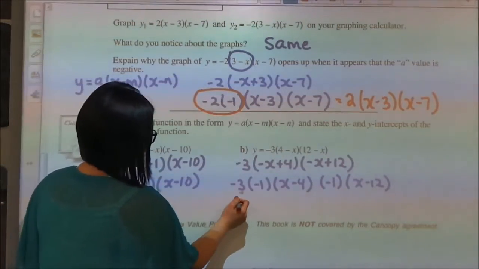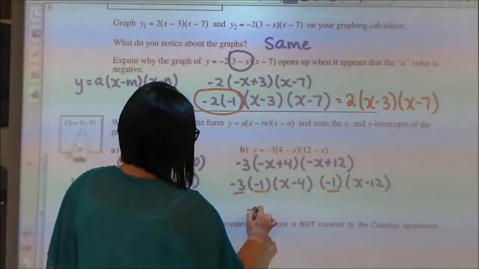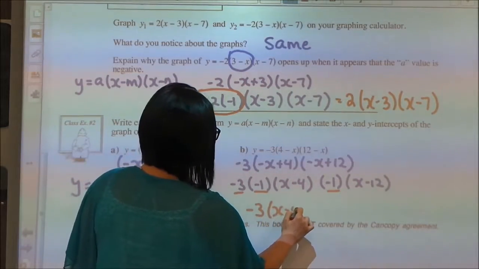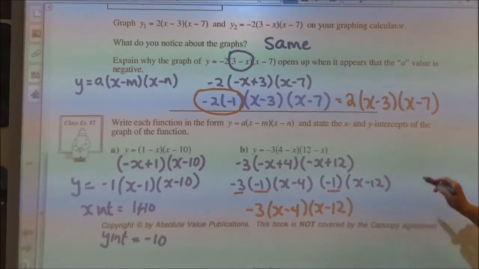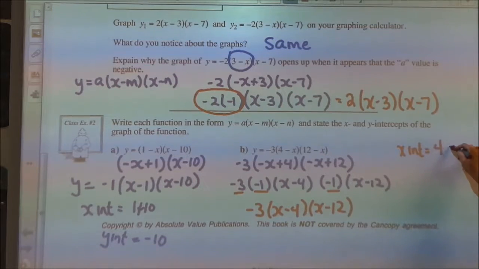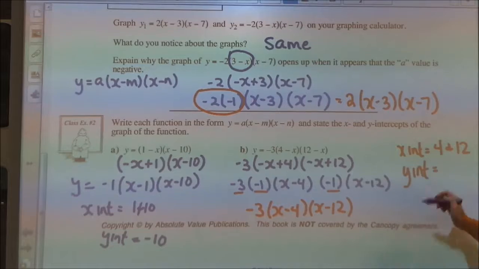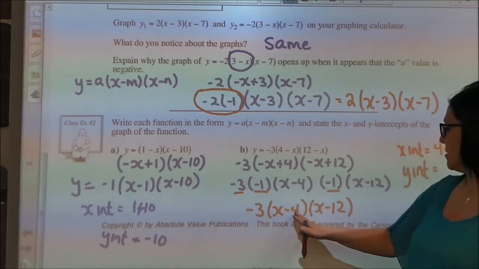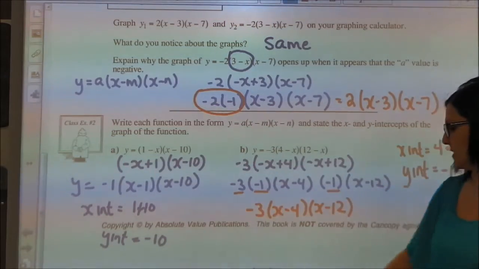If I multiply these a values together, I will end up with a negative 3, x minus 4 times x minus 12. So my x-intercepts would be 4 and 12. My y-intercept would be 4 times 12 times 3, which would be 144, negative because of this negative 3.